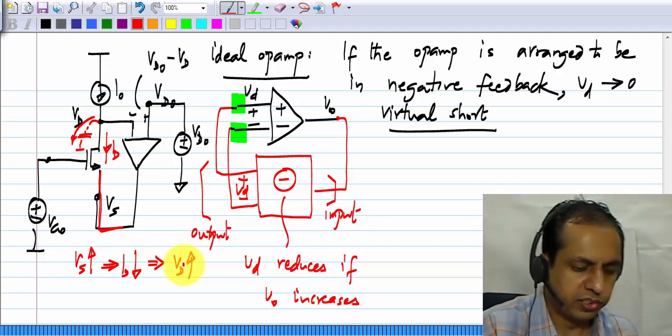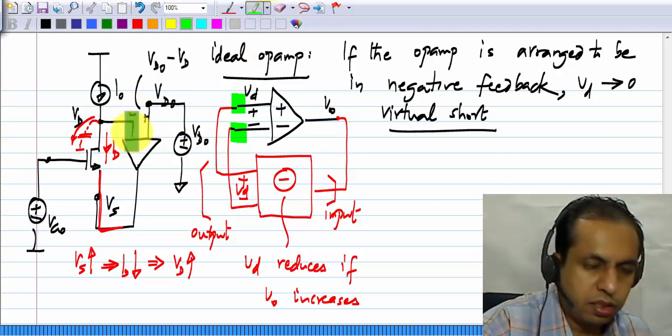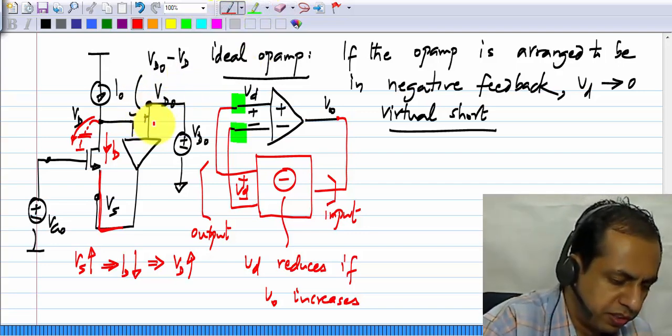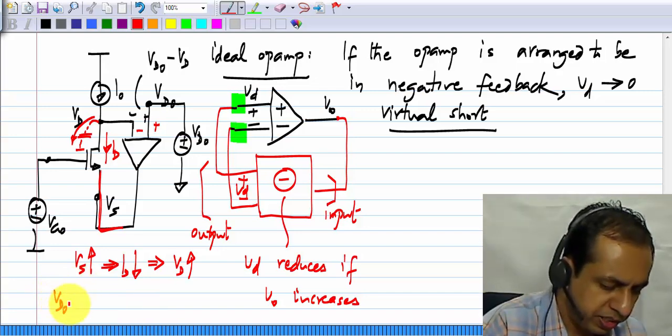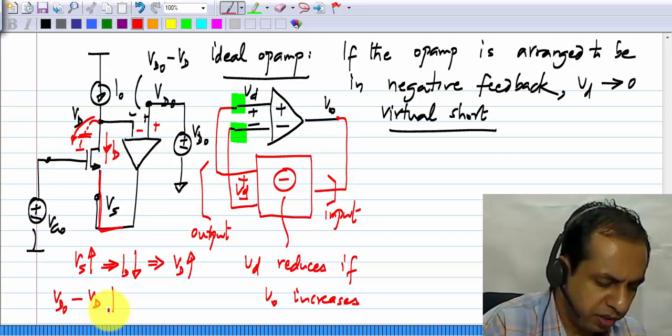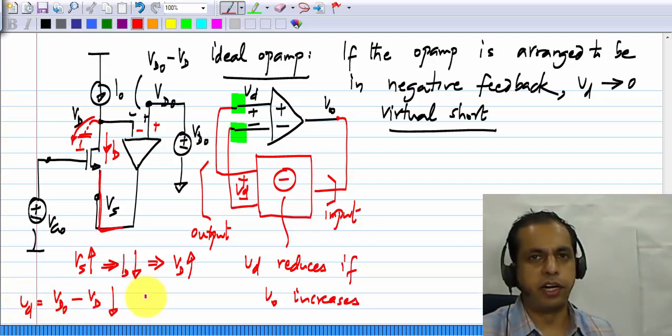The drain voltage increases, and the difference voltage of the op amp, if the signs of the op amp were like that, the difference voltage of the op amp is Vd0 minus Vd, and this will fall down. Okay. So it is in the correct sense for negative feedback.